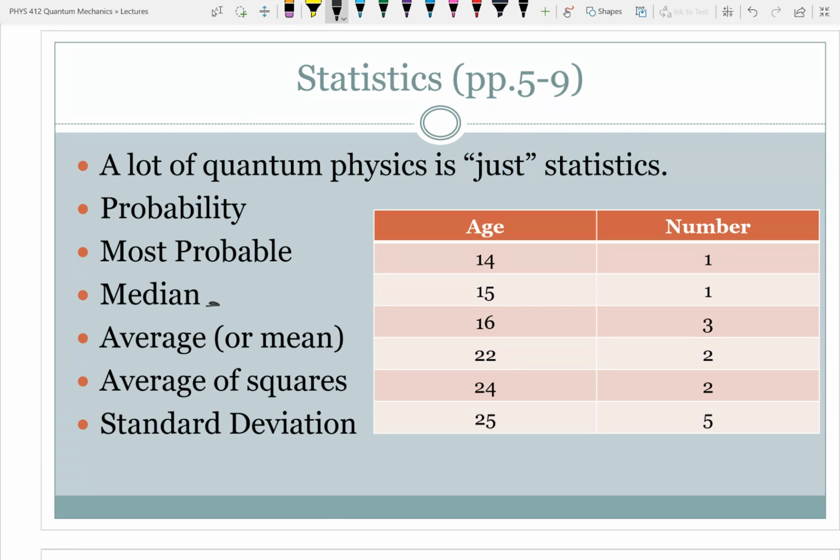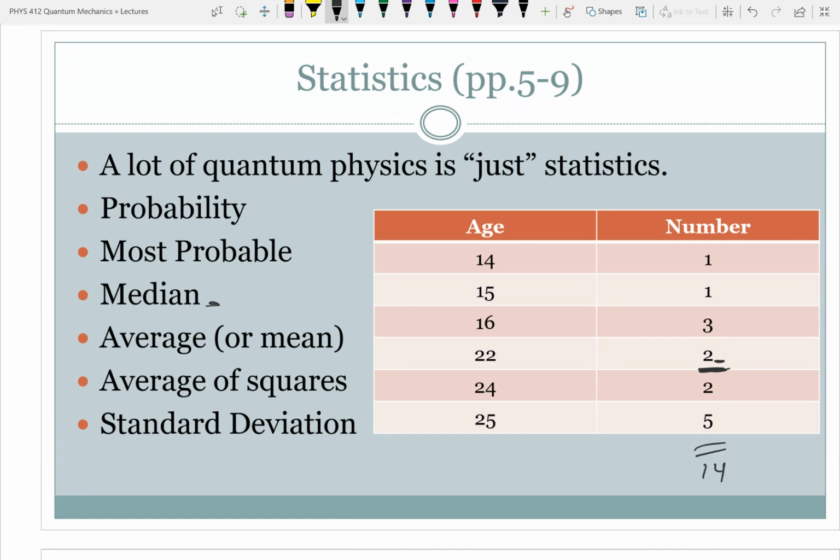And in this case, because we have a total of 14 people, we just say, okay, 1, 2, 5, 6, 7. So the seventh one is here, and then we have 7 above. So the median is going to be between 22 and 24. So we'll go with 23. It's between 22 and 24.